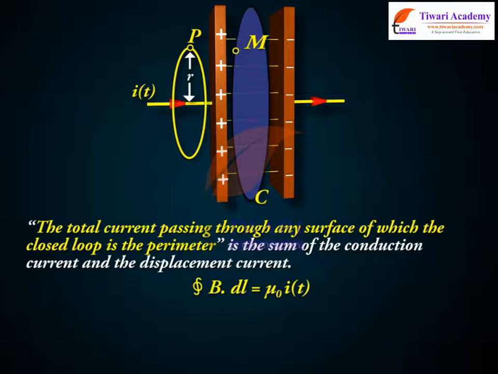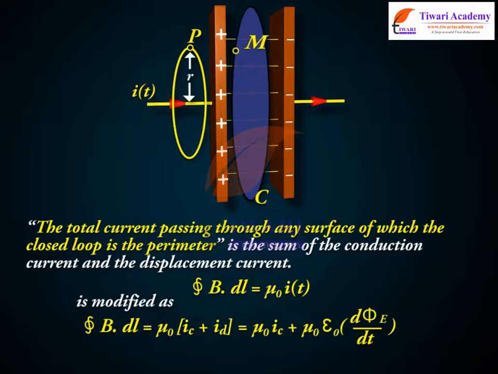Line integral B dot dl is equal to mu naught I t is modified as line integral B dot dl is equal to mu naught into I c plus I d, which is equal to mu naught I c plus mu naught epsilon naught d phi E by dt.